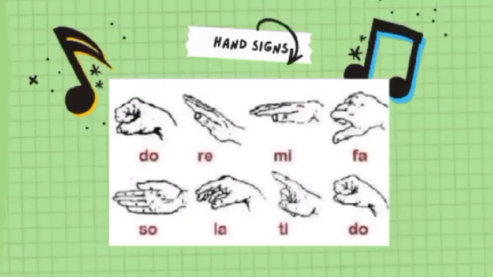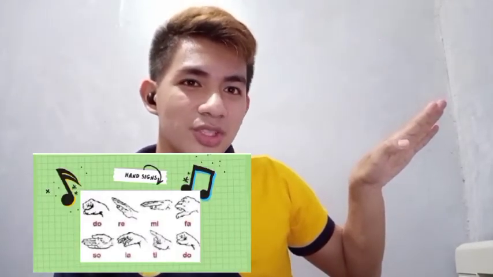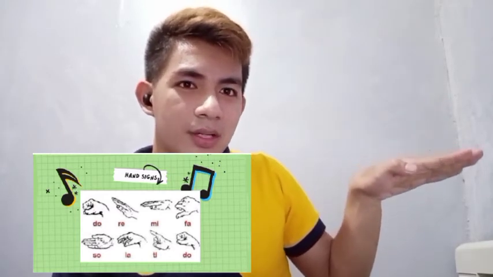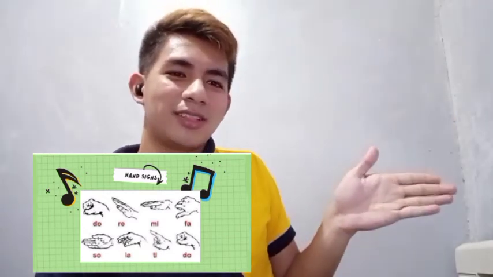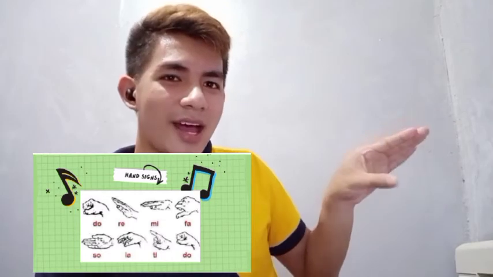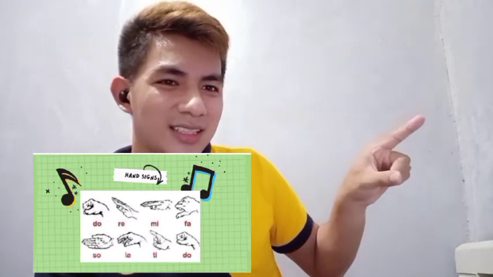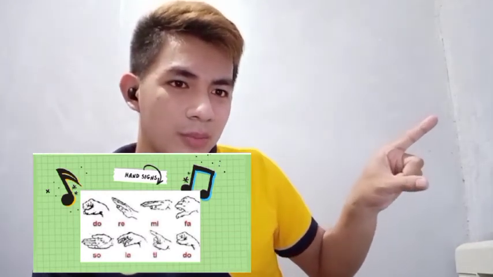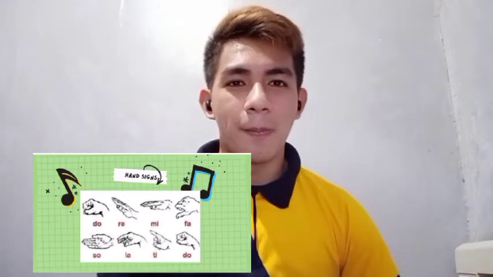To do a solfa syllable that can be easily remembered using the help of hand signs, we have here do by clenching your fist, re, straightening your hand and raising it in a diagonal position, mi, just flatten it up, fa, put your thumb down just like so, and then sol, la, just like making a beak with your hand, ti, using one finger only on the upper part, and then go back to do, clenching your fist, just like so.